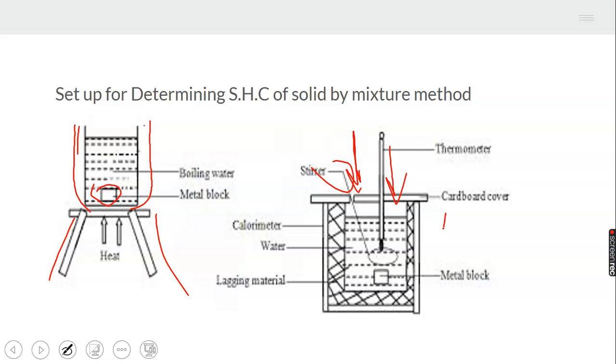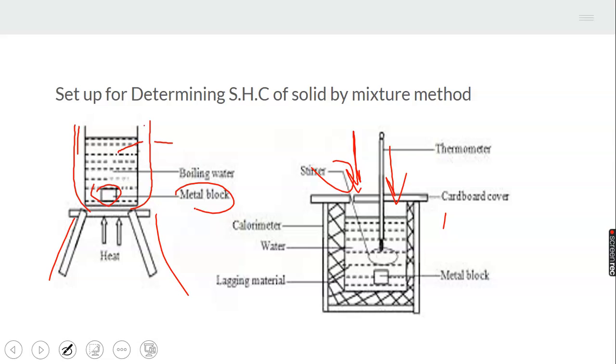But before we start this process, we must ensure that we have measured the vessel and the water. We measure the metal block. We measure the water in the calorimeter. We measure the calorimeter even with the water, and make sure that we record all the values.